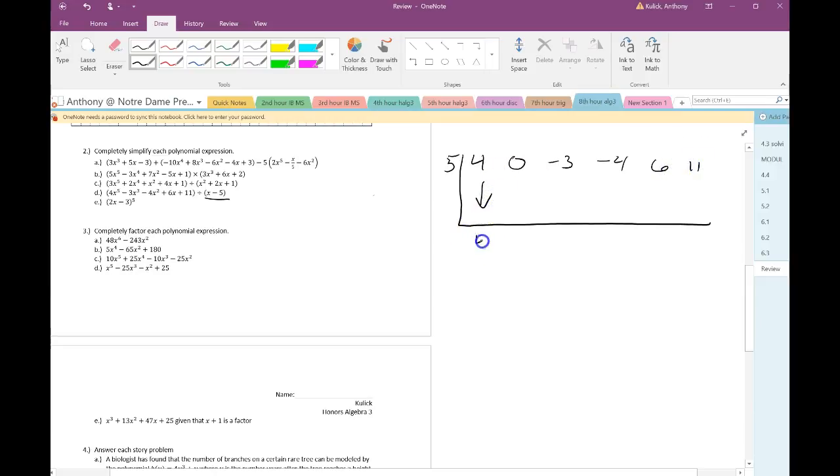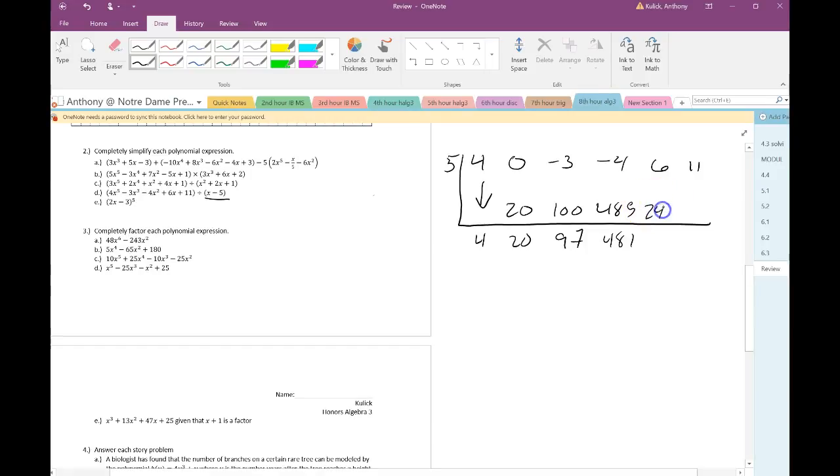So we start by bringing the first number down, we multiply and then add down. 5 times 97, gads, that's 485. And then 5 times 481, oh my gosh, who can do that?